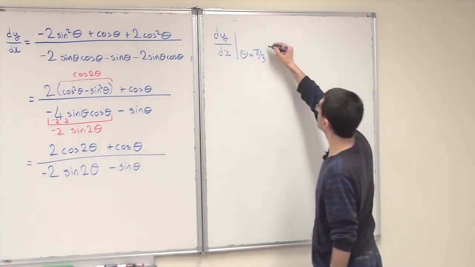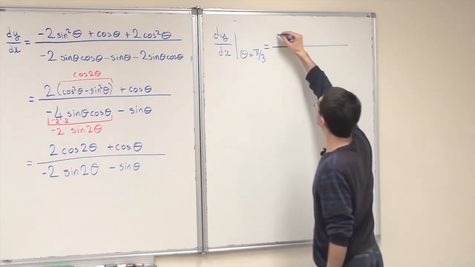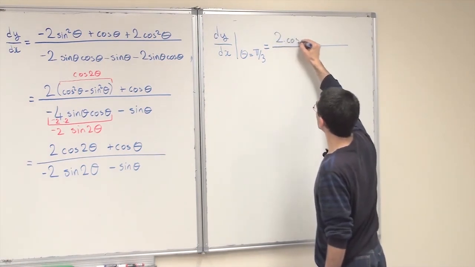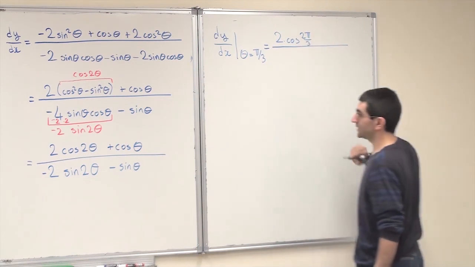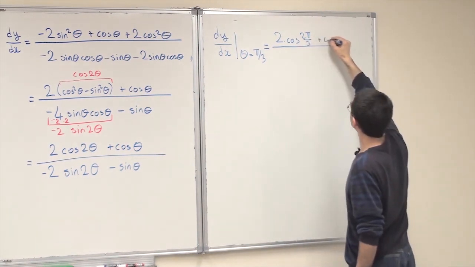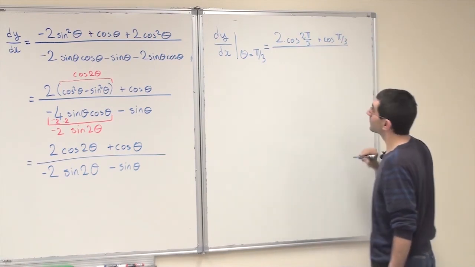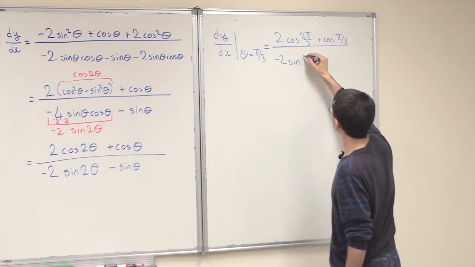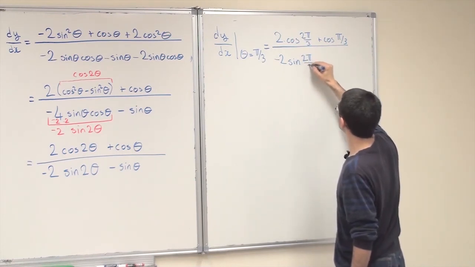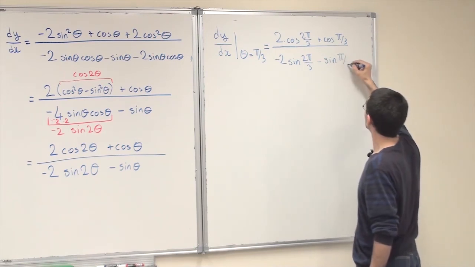Okay, now our statement is simple enough, so we can substitute our parameter theta equals pi over 3 in the formula. So we get 2 times cosine 2 pi over 3 plus cosine of pi over 3, all over negative 2 sine 2 pi over 3 minus sine pi over 3.